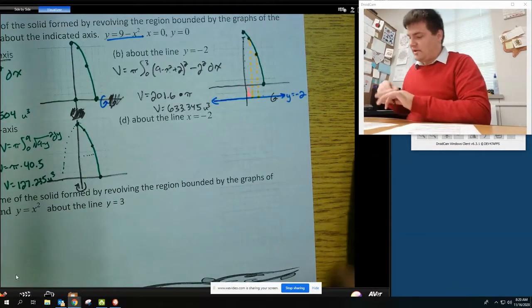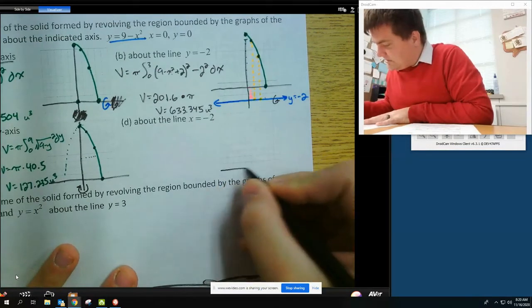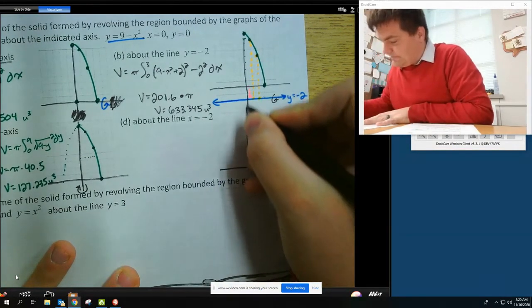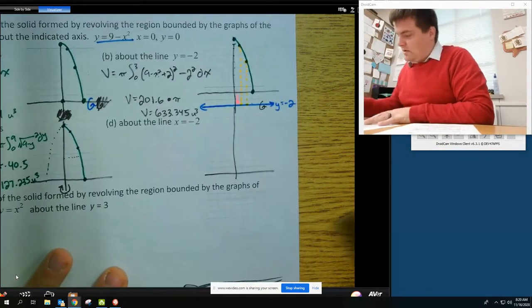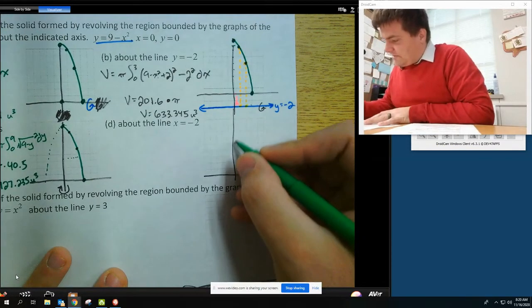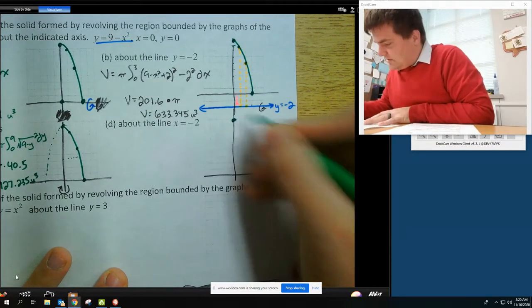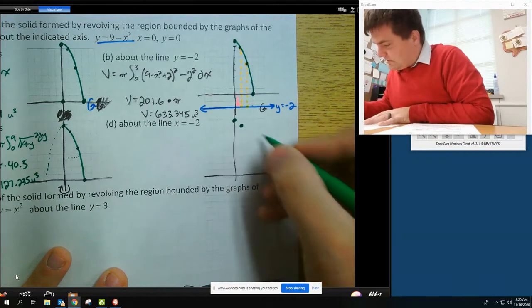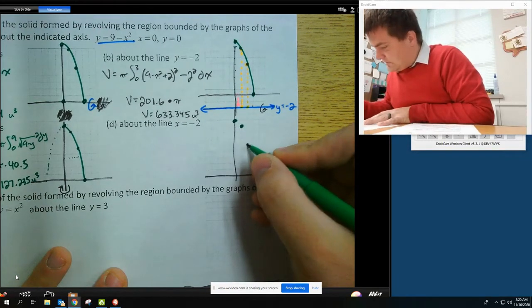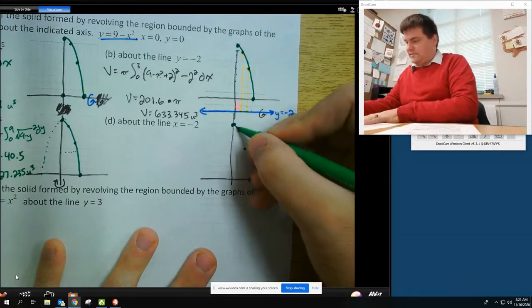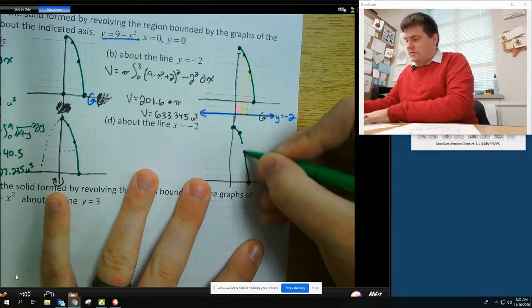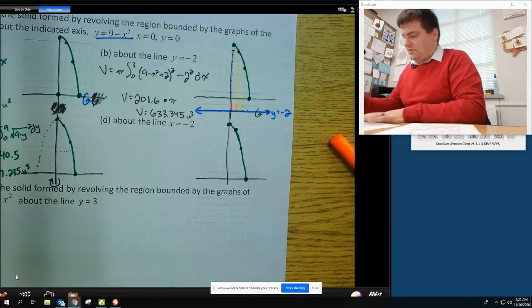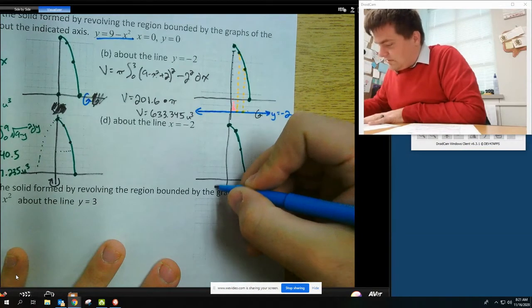Okay, so again, let me go ahead and sketch this. 1, 2, 3, 4, 5, 6, 7, 8, 9. I think that's right. So again, here's my green. But now I'm going out to this line right here.